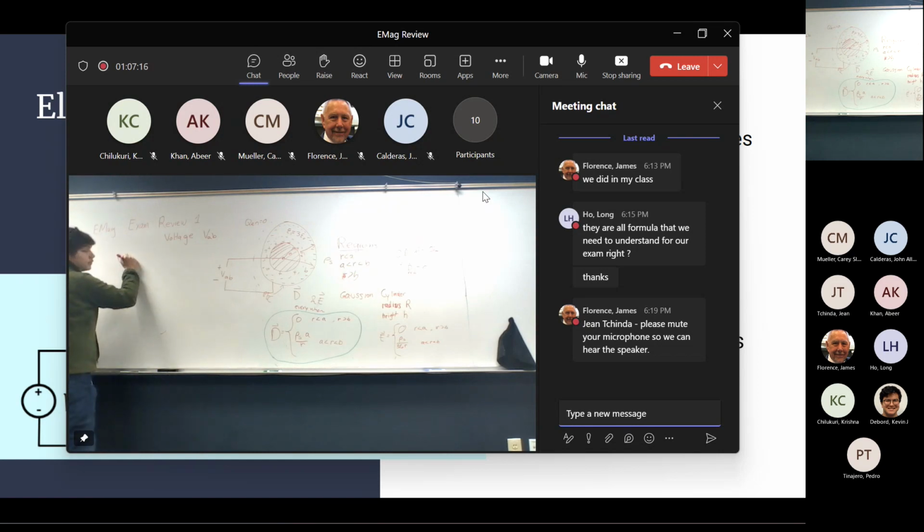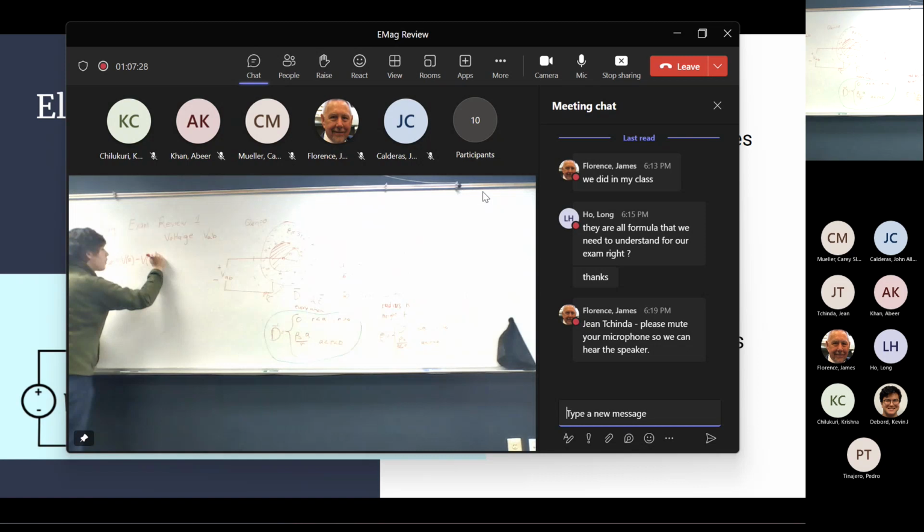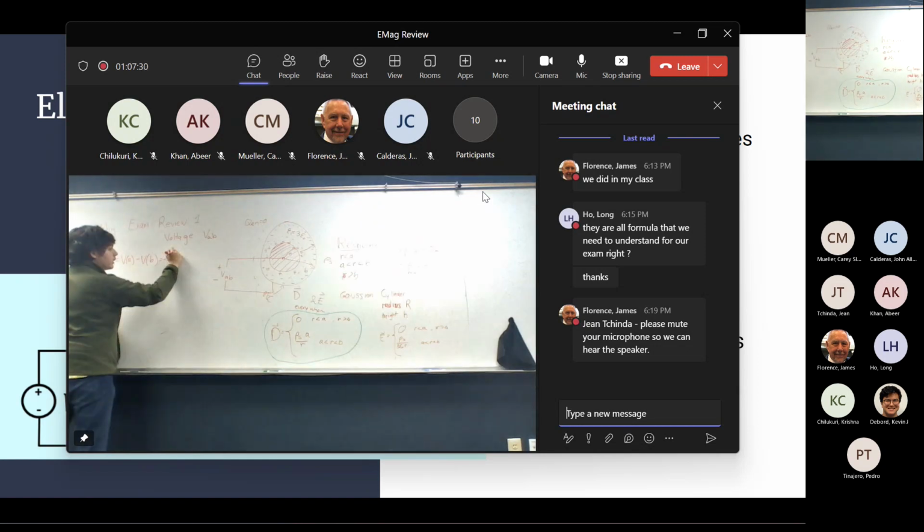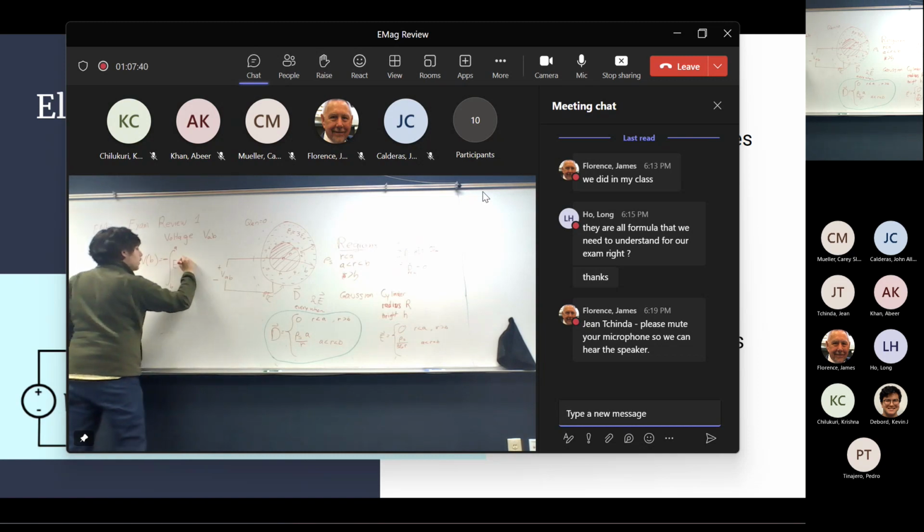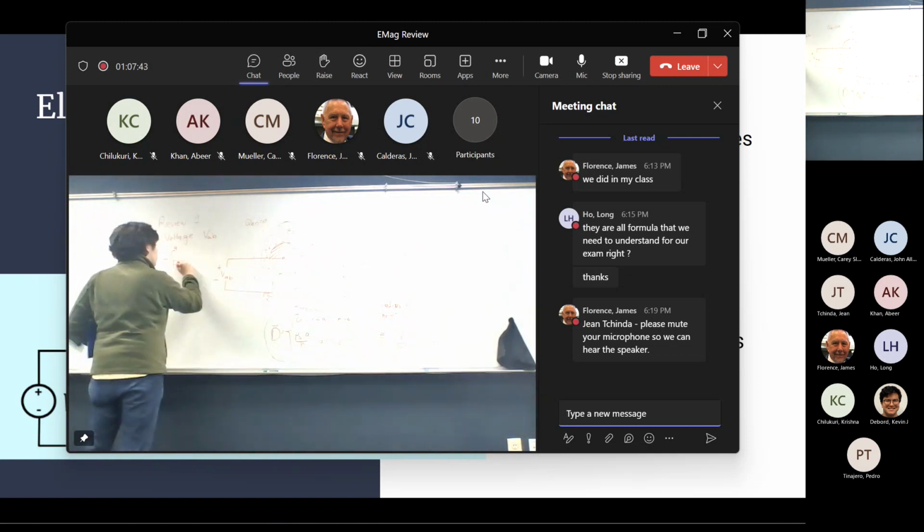So V_ab, which once again, let's make bigger, is equal to the voltage at a minus the voltage at b. This is equal to the negative integral from a at the top, b at the bottom, because a is the one with the higher potential, of E dot dL.